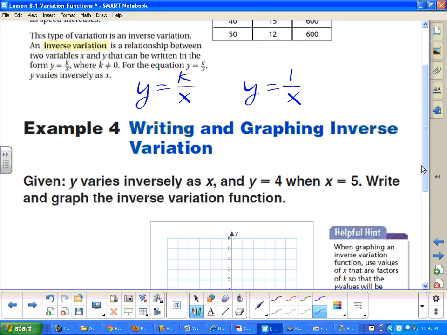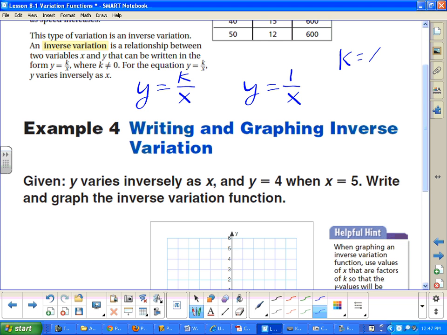Now, we learned with direct variation that we could find a pattern to find k. In direct variation, we said we could divide y and x. Well, what can I do here to solve for k? Okay. Multiply by x.